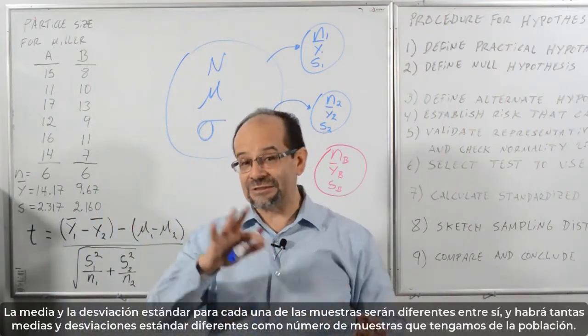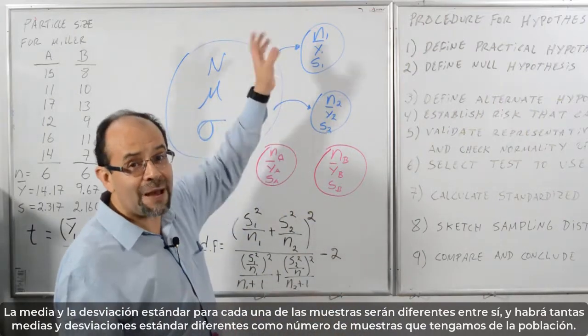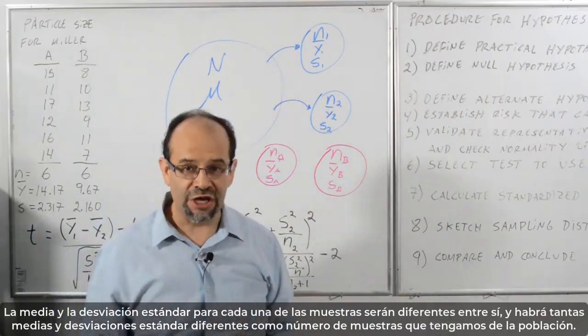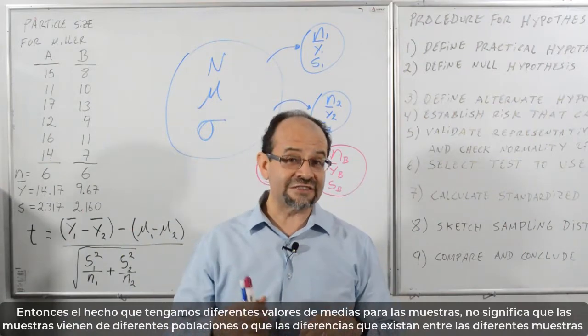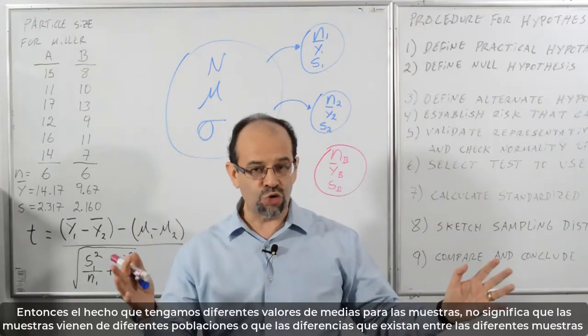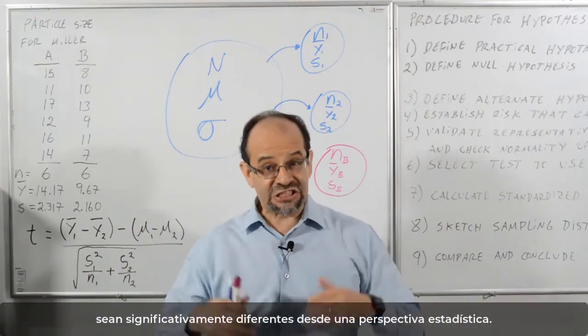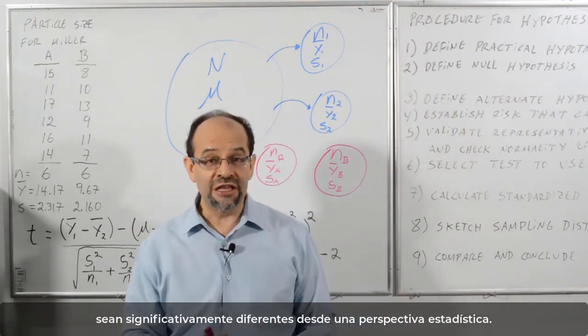And there will be as many means and as many standard deviations as the number of samples we have from the same population. But that doesn't mean that they are coming from different populations, or that the differences among those two, three, 4, 5 samples are significant from a statistical point of view.